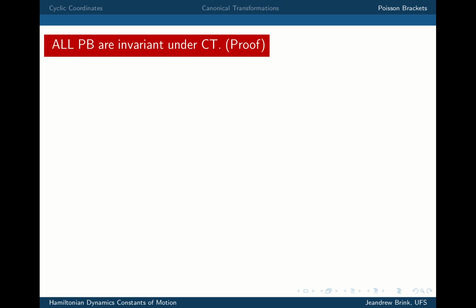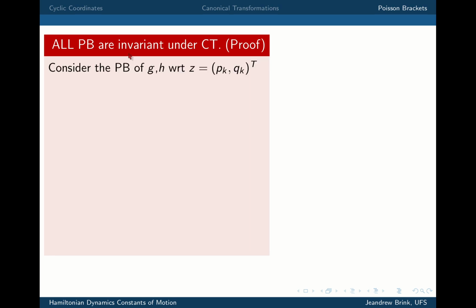Now you have the major result, which is why Poisson brackets are so useful: all Poisson brackets are invariant under canonical transformations, not just the fundamental ones. The way you prove that is to consider the Poisson bracket of G and H with respect to z, our p and q, the initial variables.